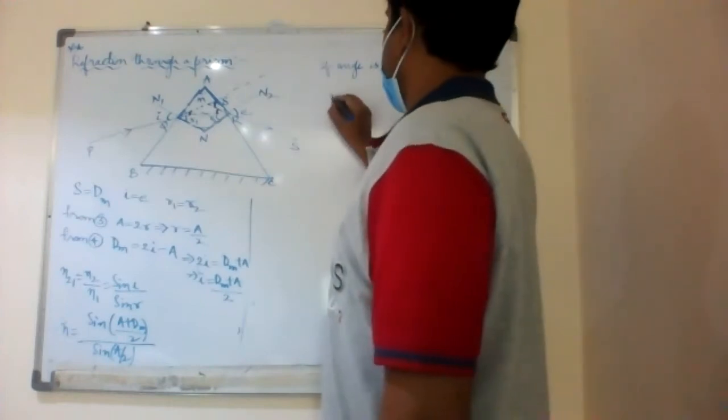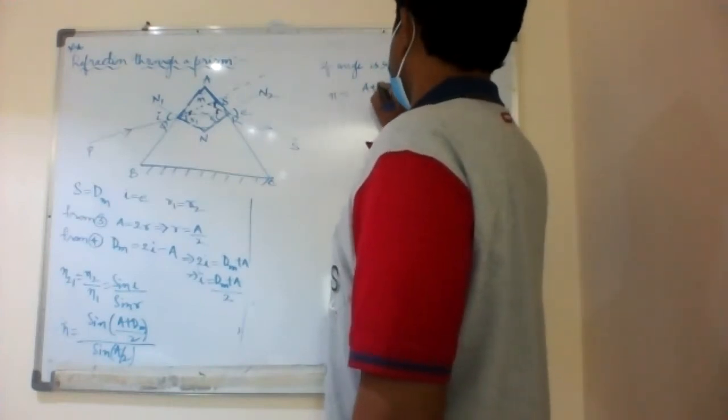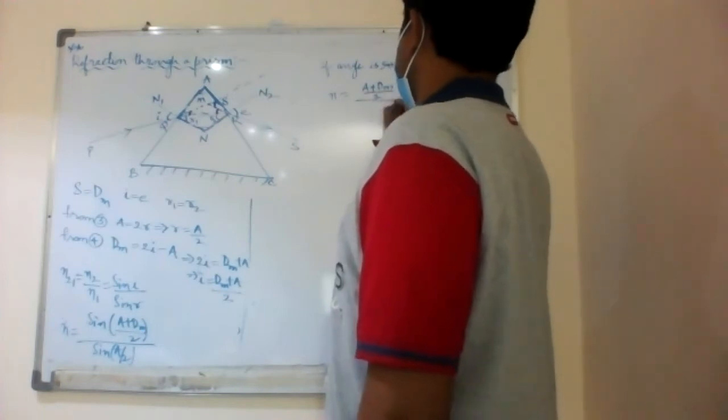Therefore, n equal to how much? (A plus Dm) by 2 divided by A by 2.